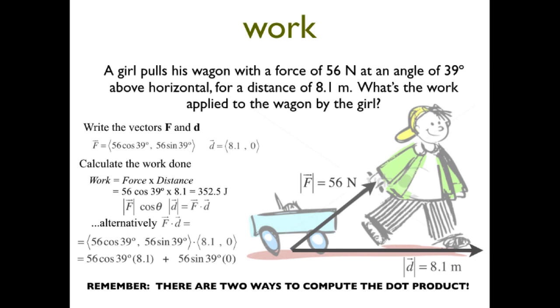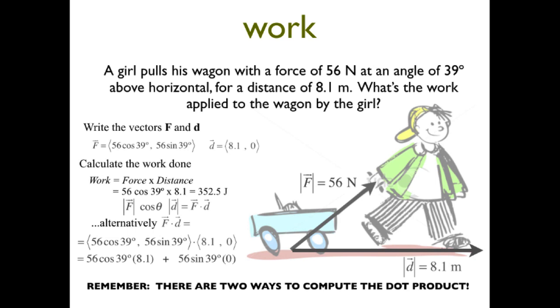Using cosine, right? When you do the magnitude of F and the magnitude of D times cosine theta, that embodies our understanding of the dot product: it's the product of the magnitudes and as much as they're in the same direction. But the other way is just as legitimate a way of calculating that value.